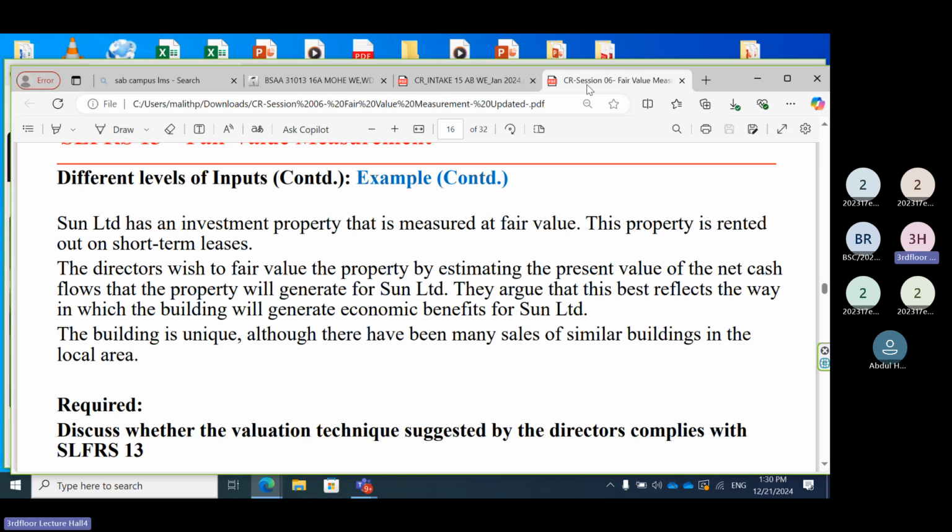What's your technique? Now you are having a kind of a decision to decide your valuation technique. What do you think?